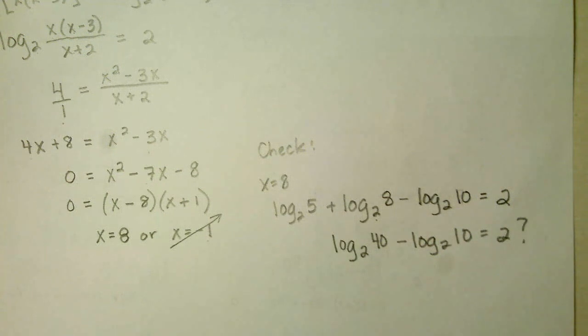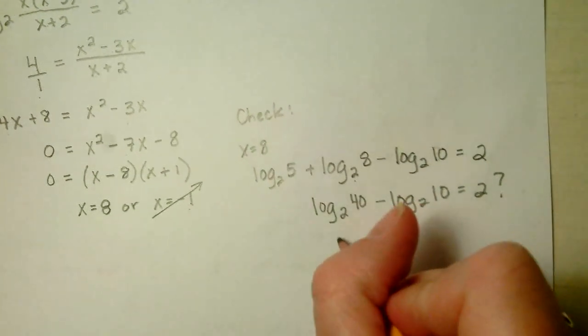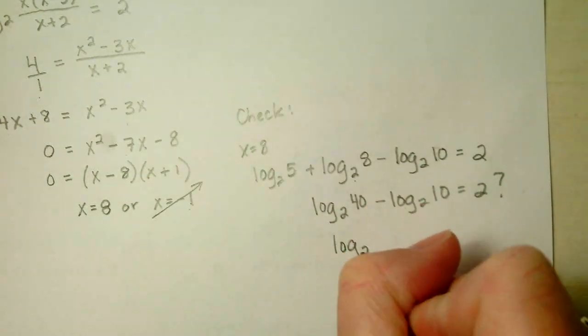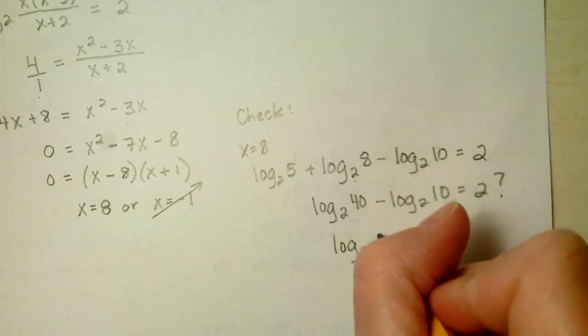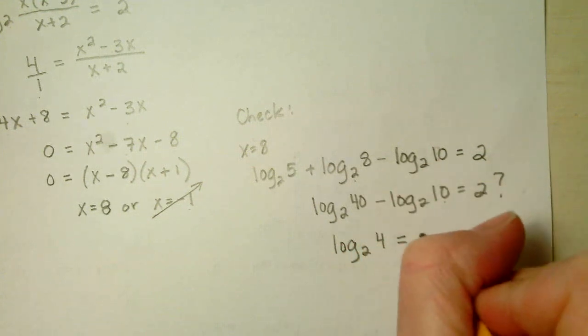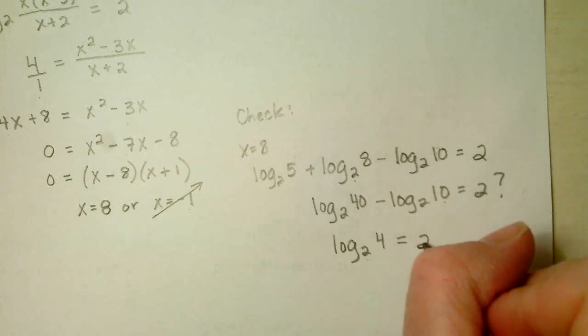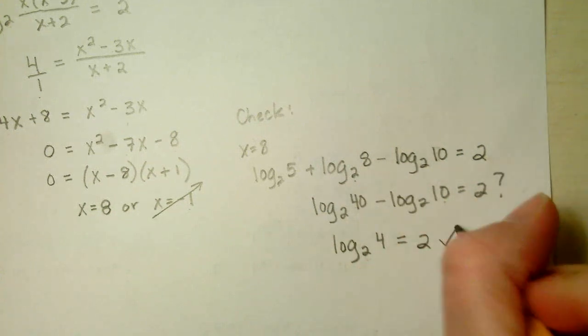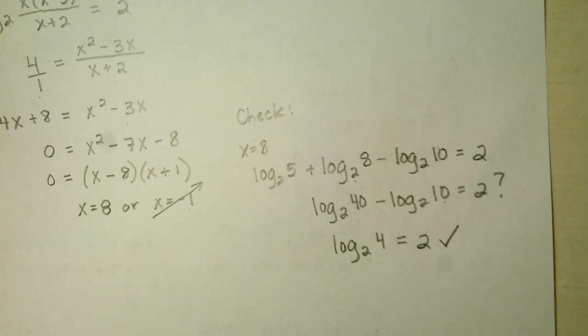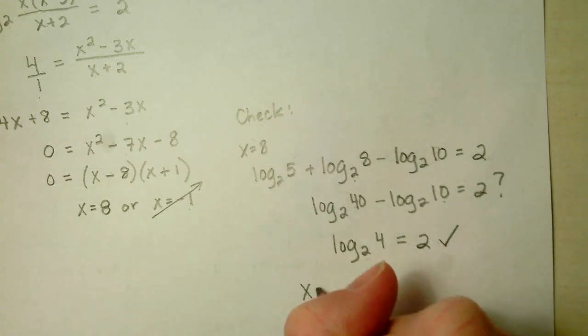We're still wondering if that's true. I get log base 2 of 40 divided by 10 is going to be 4, and log base 2 of 4, so 2 squared is 4, so this checks. Okay, so my solution for this one is x equals 8.